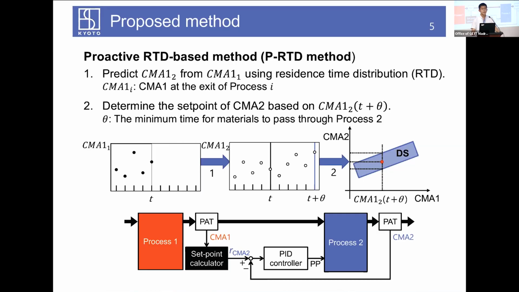Theta represents the minimum time for material fed into process 2 to pass through process 2. Since this method determines the set point by predicting CMA1 at the exit of process 2 at a future time based on the residence time distribution, we named this method the proactive residence time distribution-based method, abbreviated as the PRTD method.